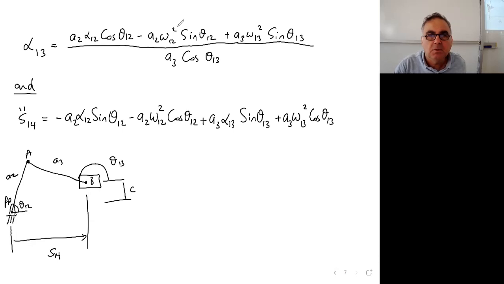This is A2. Acceleration of A has a normal component, and it has a tangential component. Acceleration of B is like here, A, B. It can be in either direction, positive or negative.